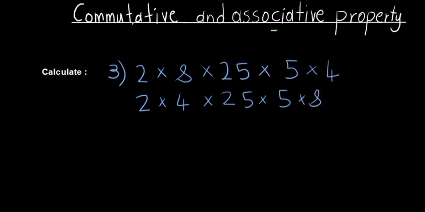Now we're going to use the commutative property to group the 4 and the 25 because they are easier to multiply. And also we're going to group the 5 and the 8 because they are easier to multiply.